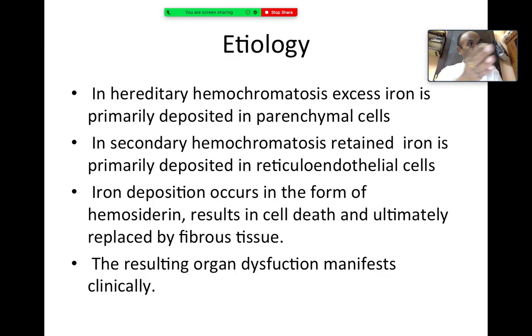So finally, it is converted to hemosiderin. Okay, that results in cellular death and ultimately replaced by fibrous tissue. Once the organ is replaced by fibrous tissue, what happens? It becomes dysfunctional. Okay, and that manifests clinically. Say if the pancreas is disturbed, there is insulinopenia, presents as the diabetes.